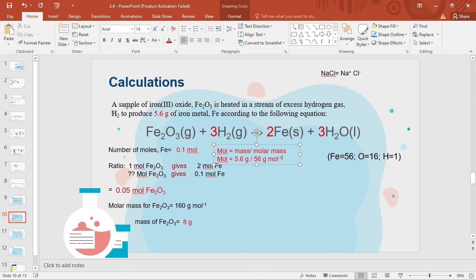Until here, everyone can understand? So 5.6 gram over 56 gram per mole, you will get 0.1 mole. We get 0.1. Okay, that one is clear.